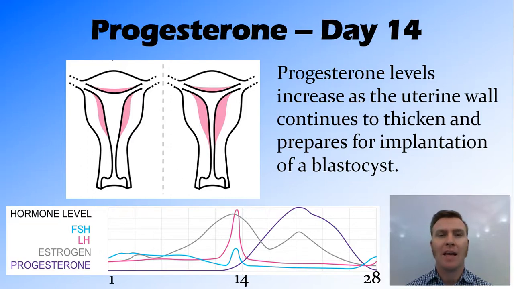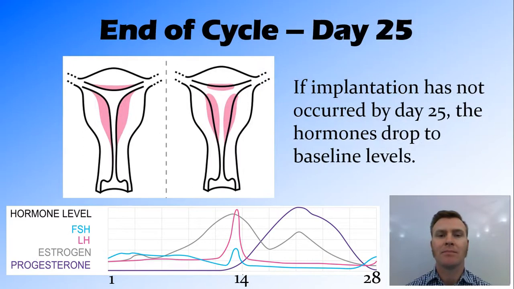And once it's a whole group of cells, so we're talking about 50 cells, it's referred to as a blastocyst, and that blastocyst implants on the wall of the uterus. And this is why this whole process of thickening that wall and preparing it for that implantation occurs, so that blastocyst can get the nourishment from that thick uterine wall, as well as start forming things like the placenta.